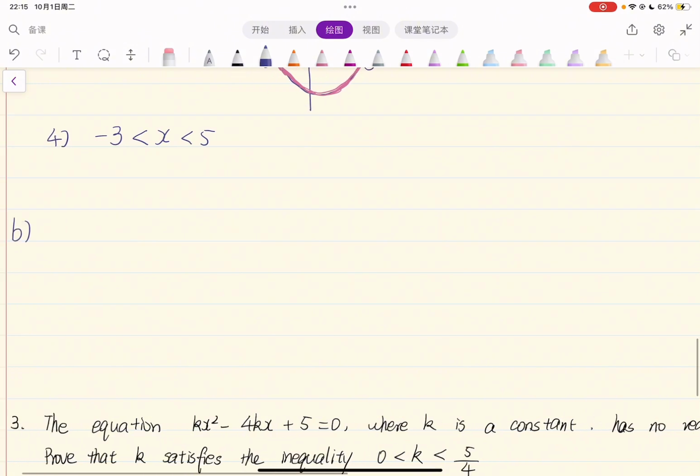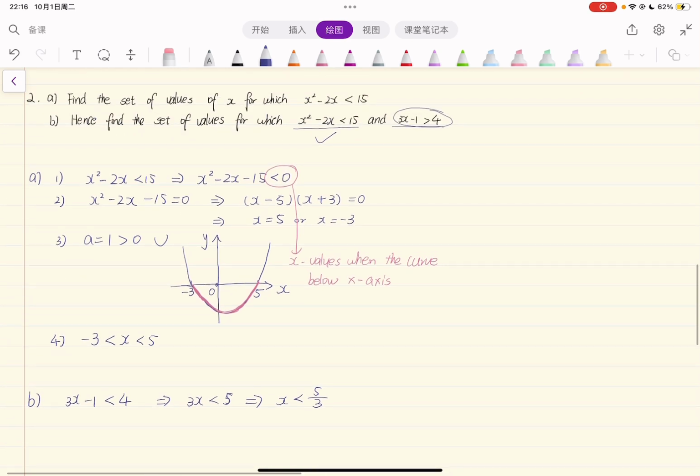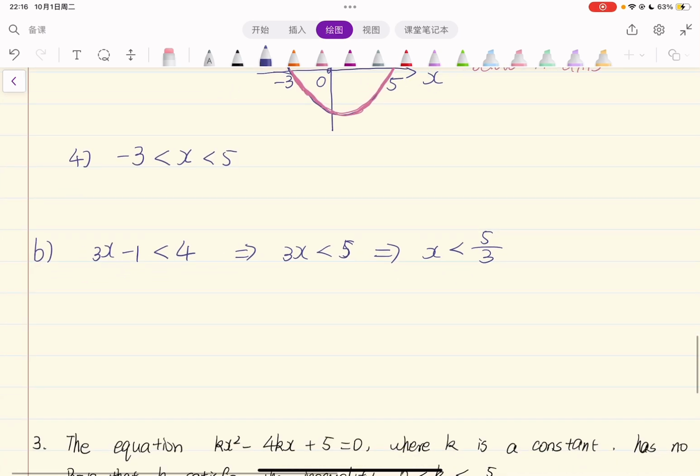So 3x minus 1 less than 4, so 3x less than 5. Thus we got x less than 5/3. And the question asks you to find the set of values for which two inequalities are true at the same time. Then we can draw the number line at this moment.